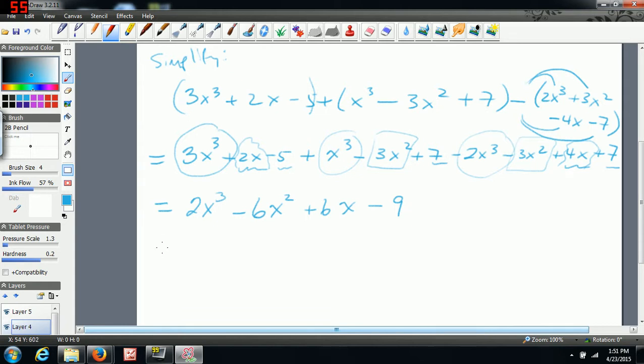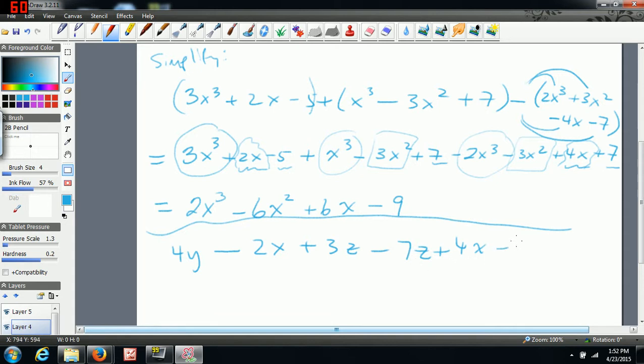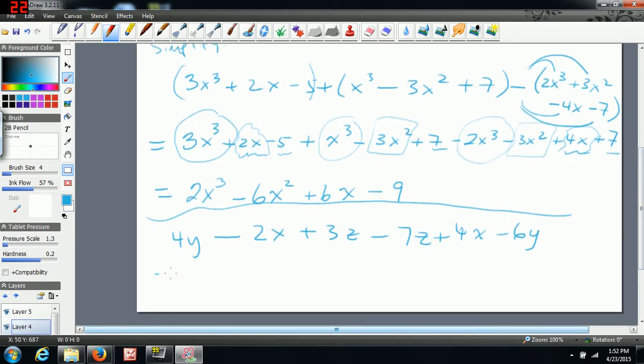So I was asked to simplify something like the following. 4y minus 2x plus 3z minus 7z plus 4x minus 6y, so this is a different question here. So in this case, again, we're looking for like terms.